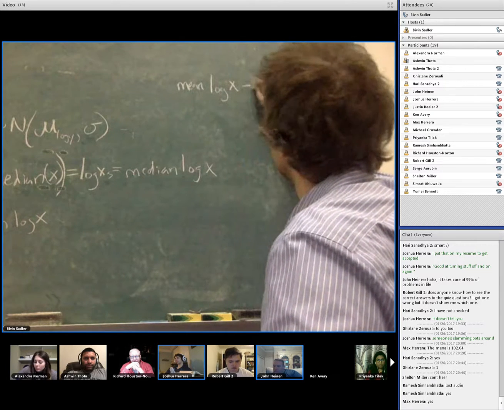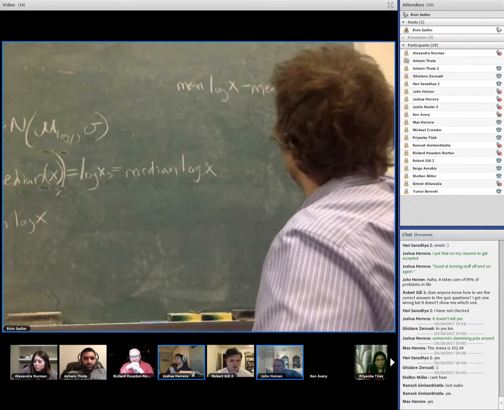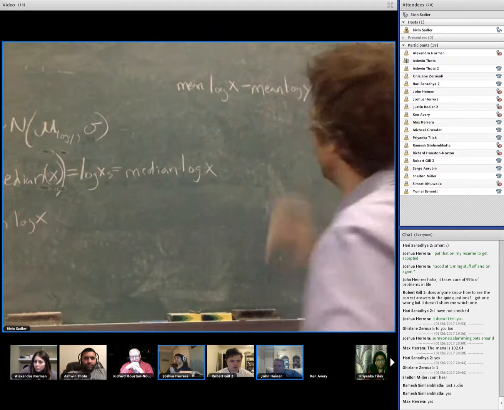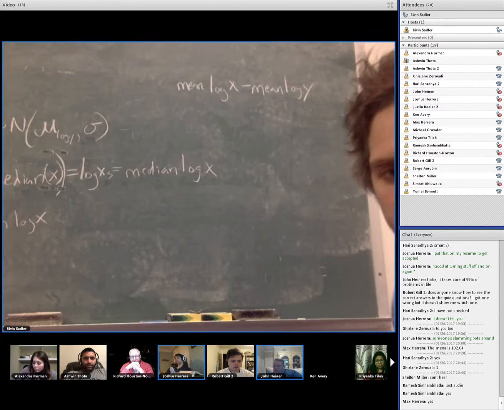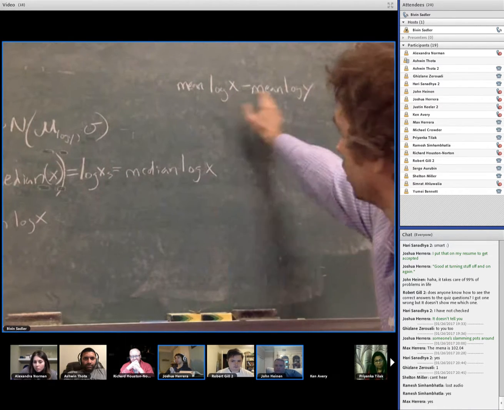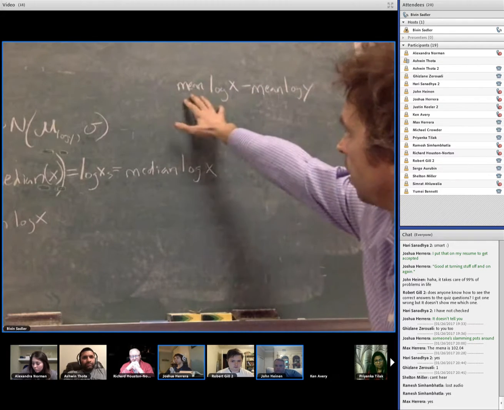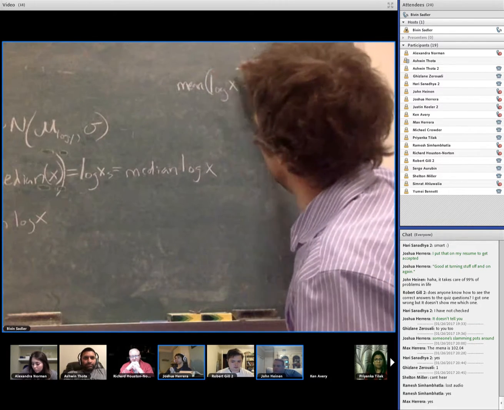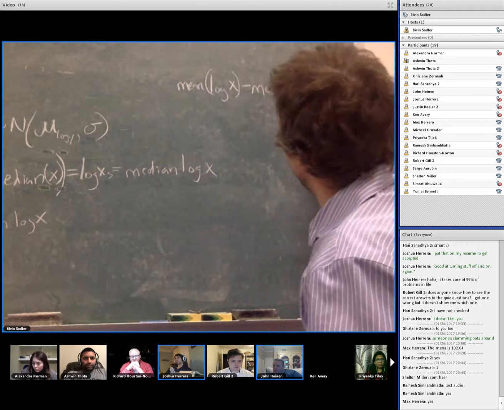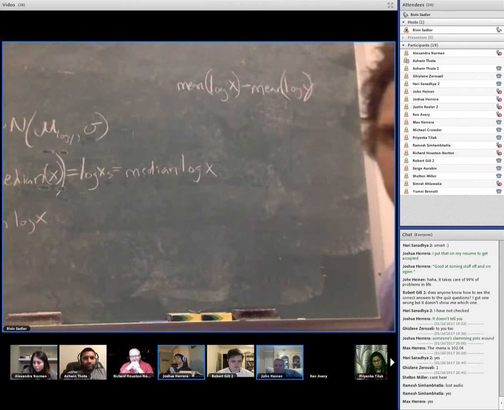That is our test statistic. When we run a t-test on the log data, that's what we're doing. I'm going to call this the mean here, but that's the same as mu log x, and that's the same as mu log y. That's what I'm testing. And if that's the sample, that's x bar log x minus x bar log y.